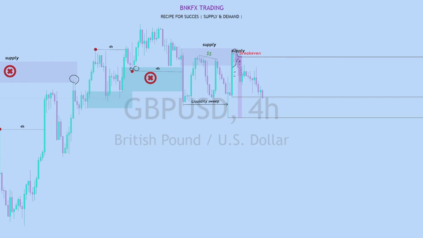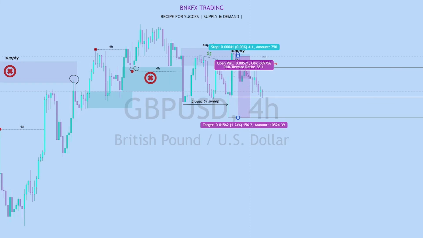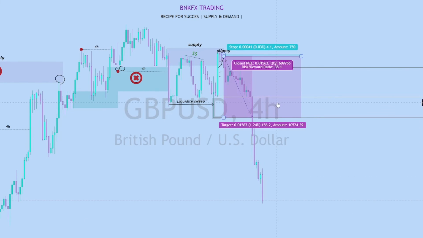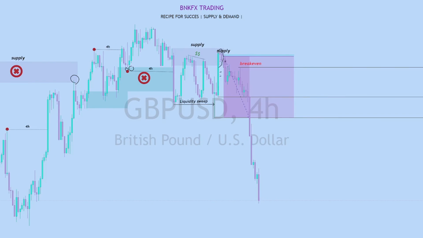Here we see that the first target is reached. We move the break-even at this point. Let's see the price action. The final target is reached with a risk reward of 1 to 38.